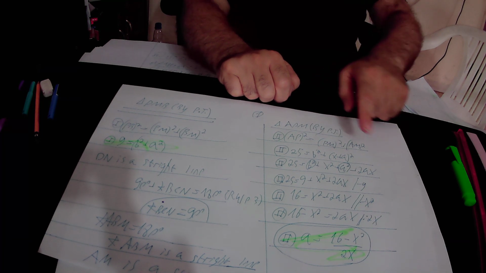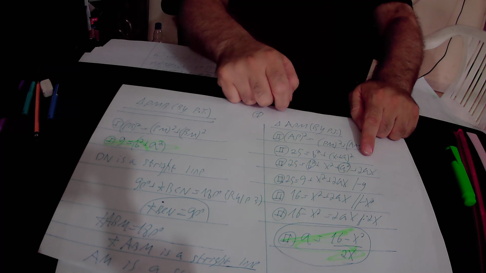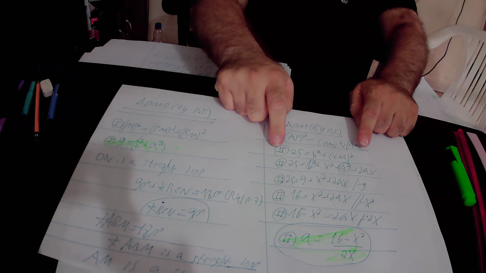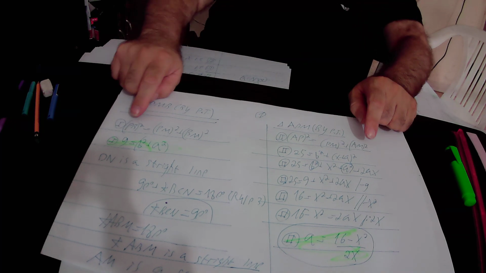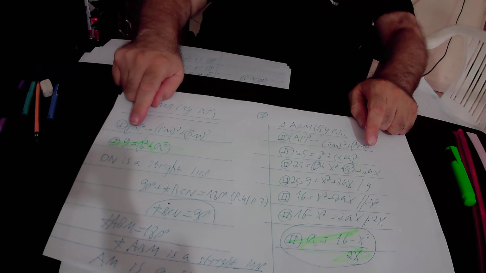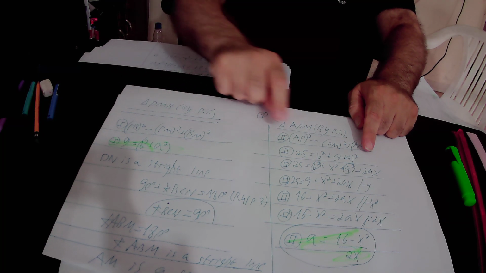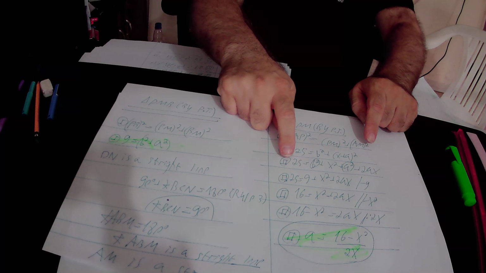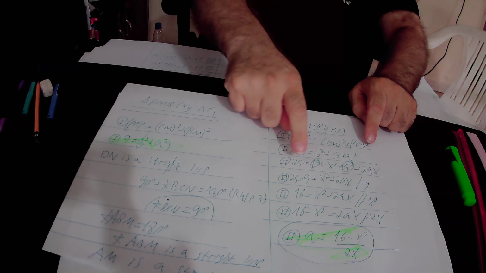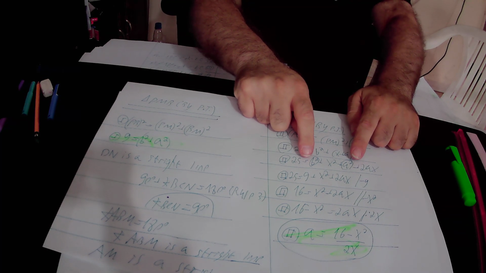Opening the brackets, 25 equals B squared plus X squared plus A squared plus 2AX. According to equation number 1, B squared plus A squared equals 9, therefore we can substitute B squared plus A squared by 9 and find that 25 equals 9 plus X squared plus 2AX.